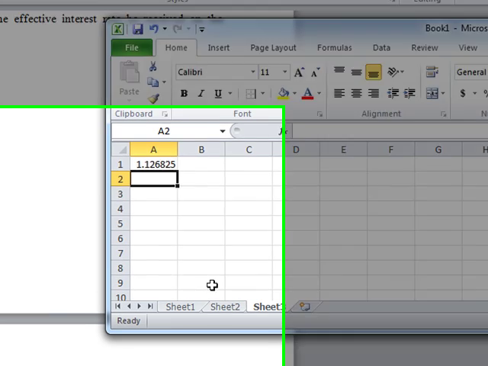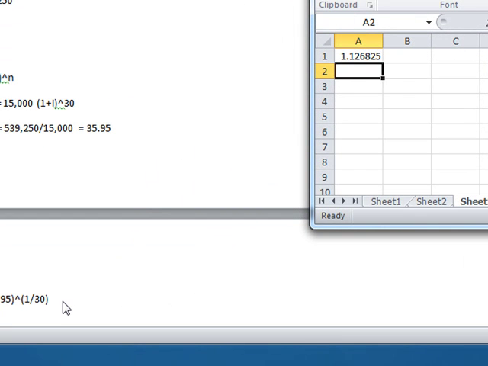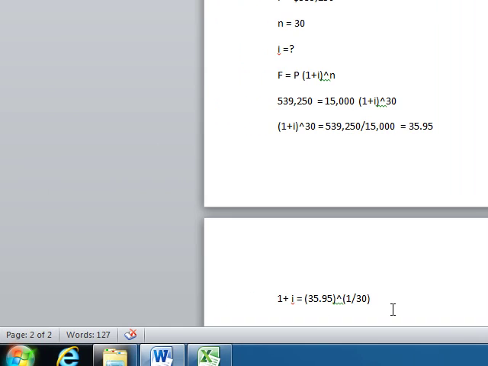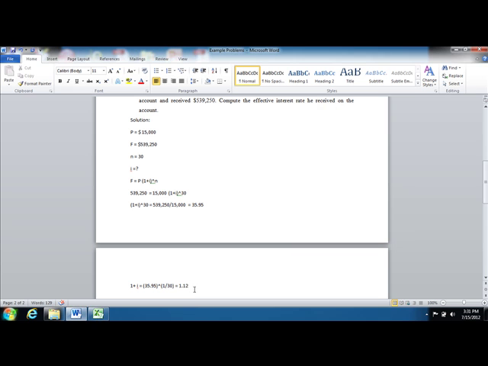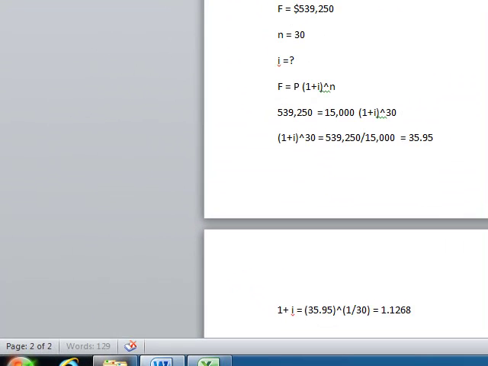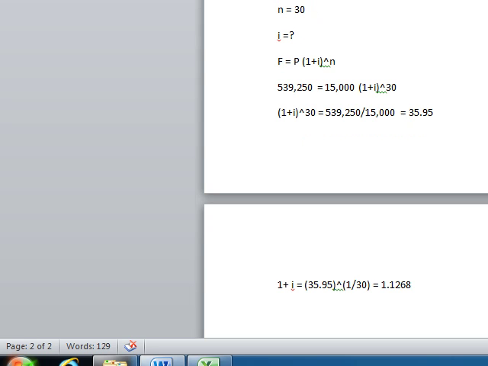That is 1.12685. Let's just stay with 4 digits after the decimal. So 1.1268. So I is equal to 1.1268 minus 1.